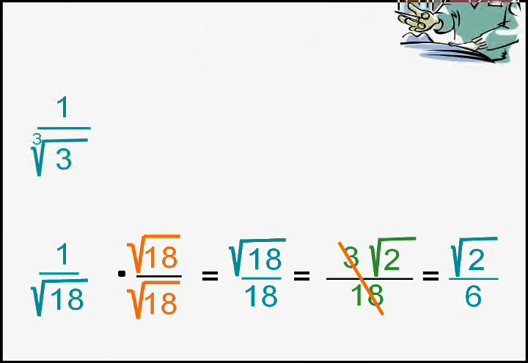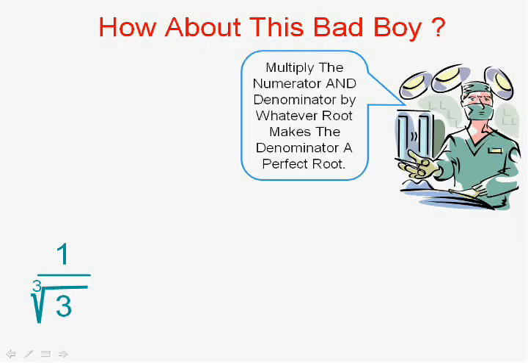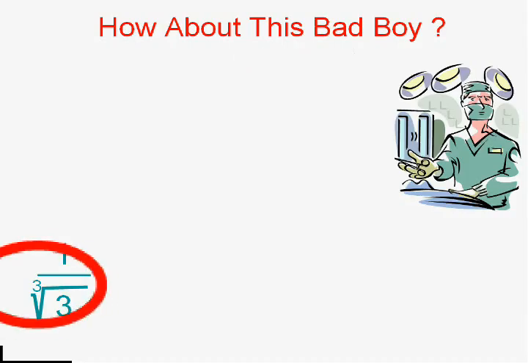Okay? It is alive. How about this bad boy? Notice it's a cube root. Well, remember what we told you. Multiply both the numerator and denominator by whatever root it takes to make the denominator a perfect root. That's got to be a perfect cube root. Okay?